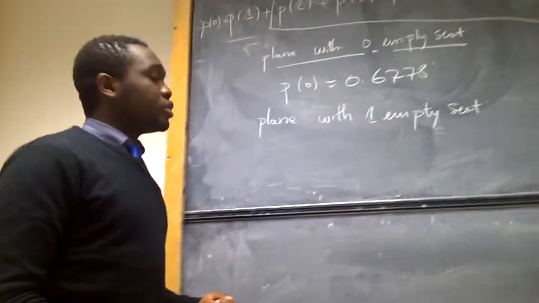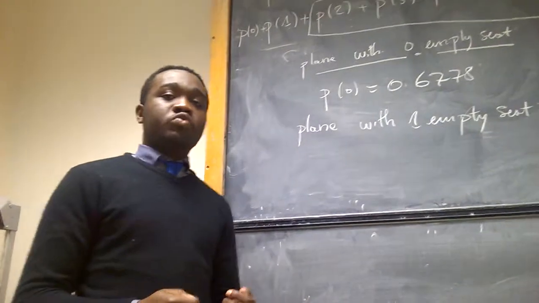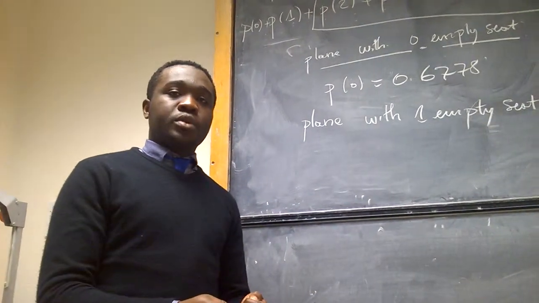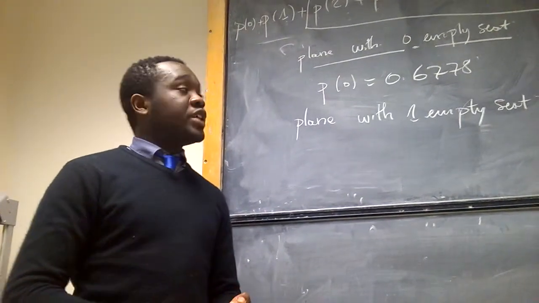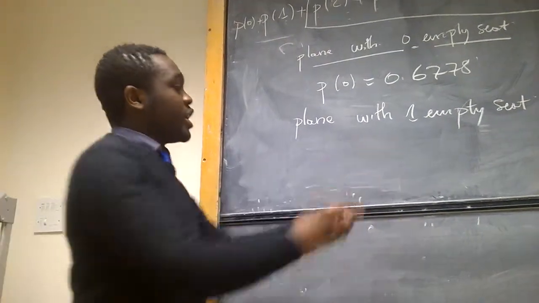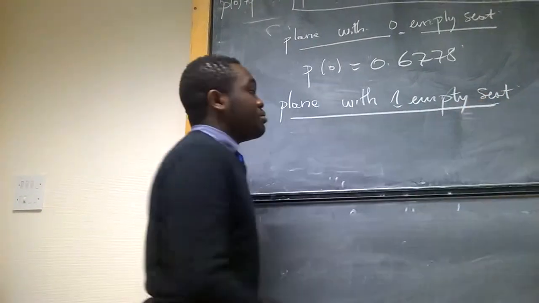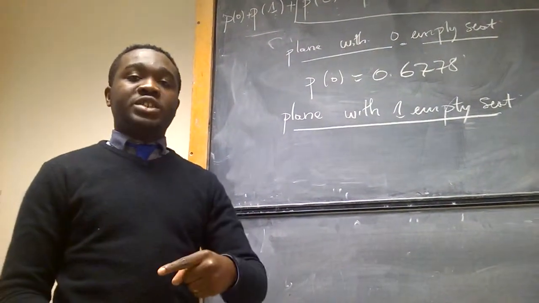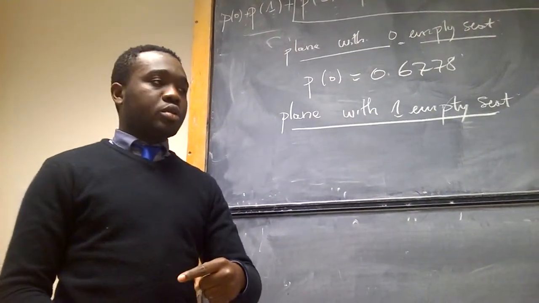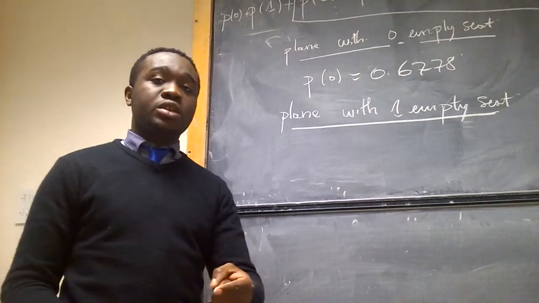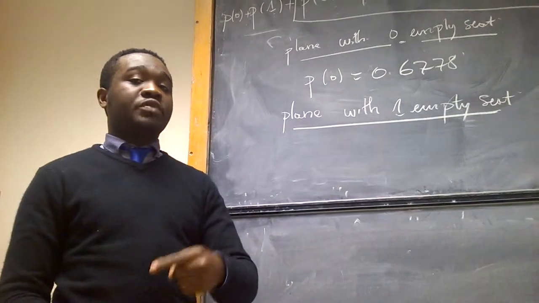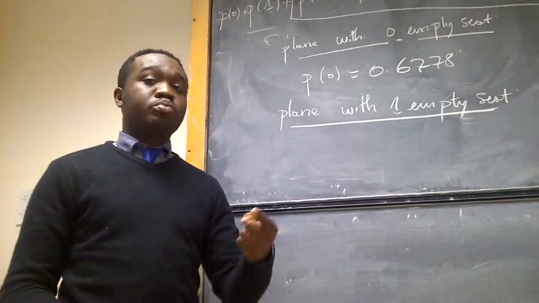Remember that we've got 10 booked, and the plane has only 8 seats. So if the plane takes off with one empty seat, that means only 7 passengers arrive.